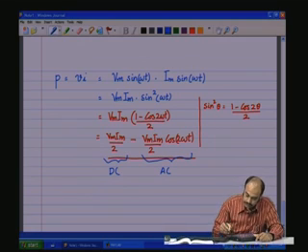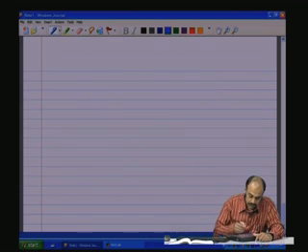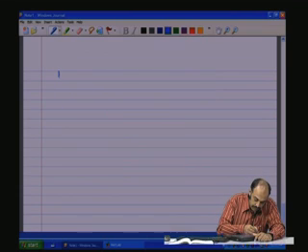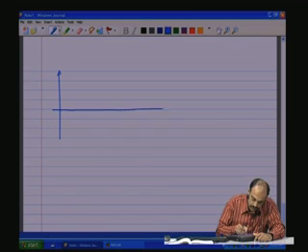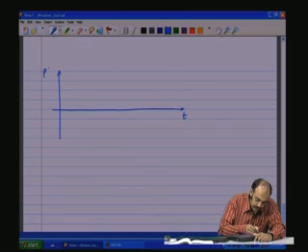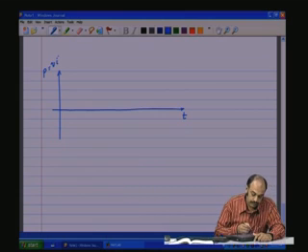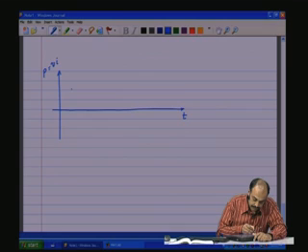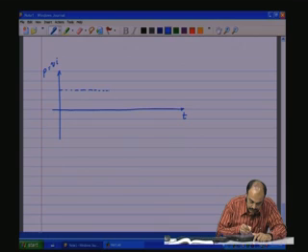Now, if you draw only the power curve, power versus time, power which is equal to V into I. So, there is a DC term. Let me write it in blue dotted here.